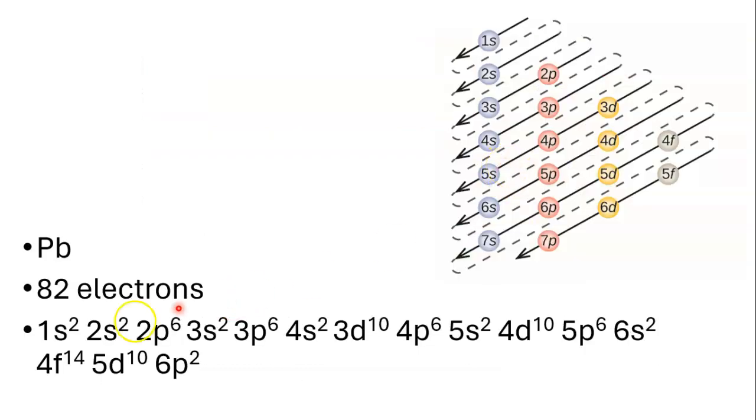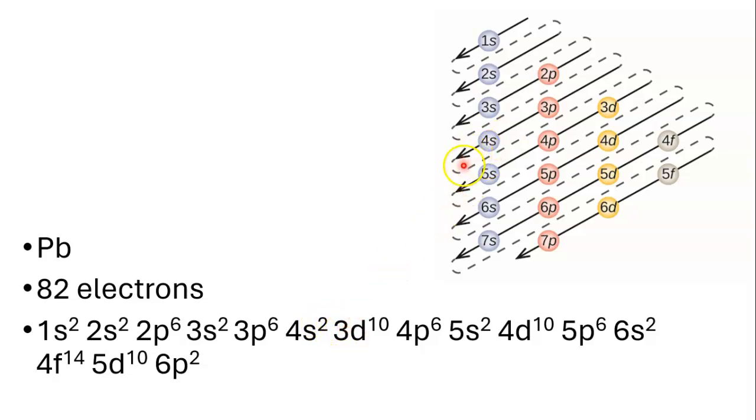Okay, so in this case, we are going to need to kind of expand out a lot of these orbitals. So we have 1s2, 2s2, 2p6, 3s2, 3p6, and we fill up our 4s2, then 3d fills.